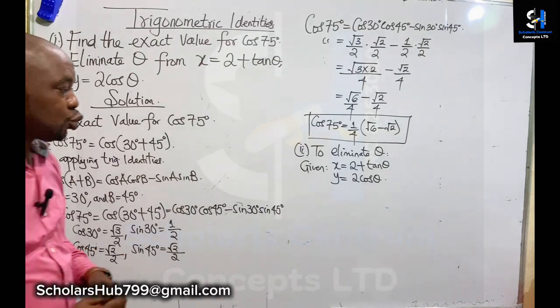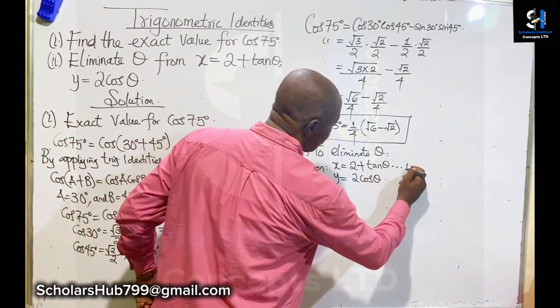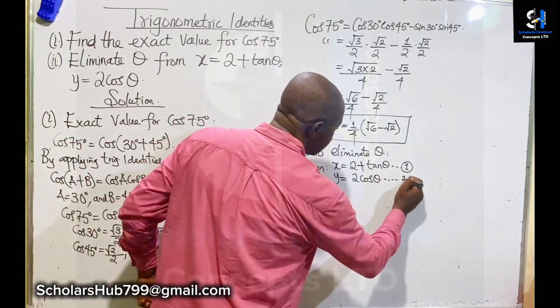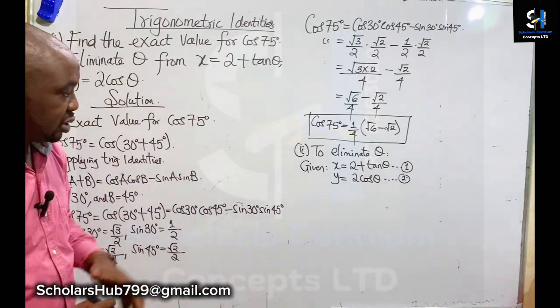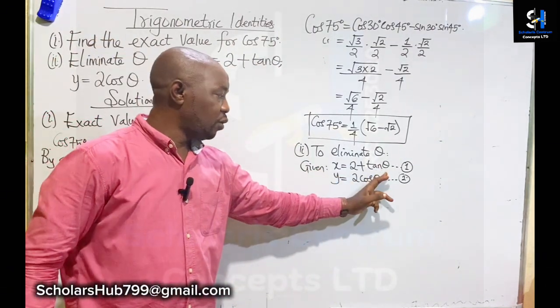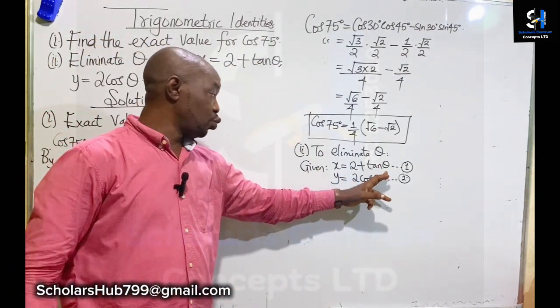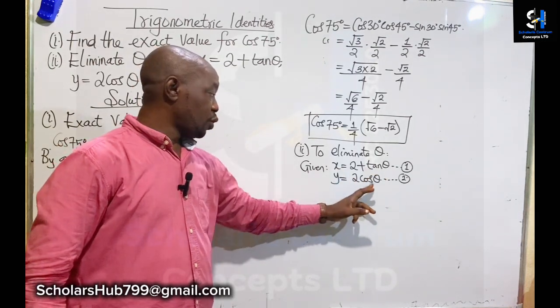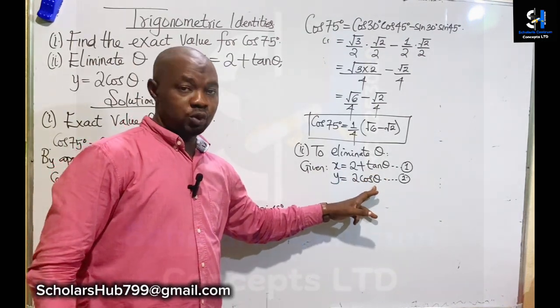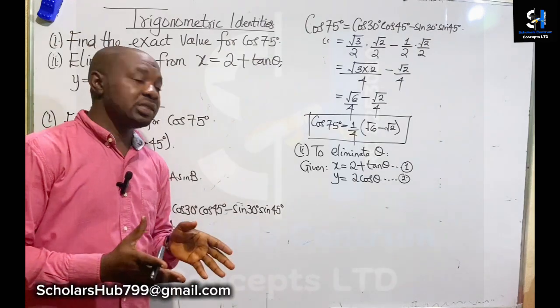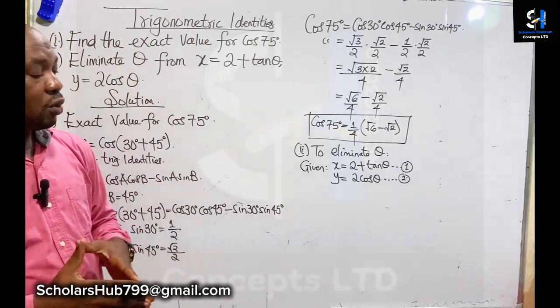The first thing we need to do here, let's call this equation 1 and this equation 2, is to solve for tan theta in equation 1 and cos theta in equation 2.